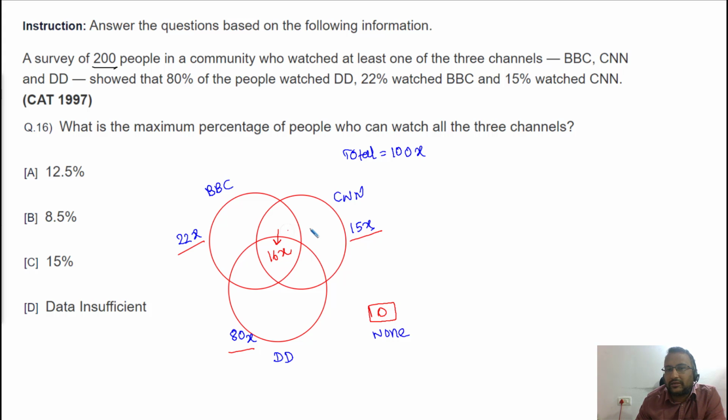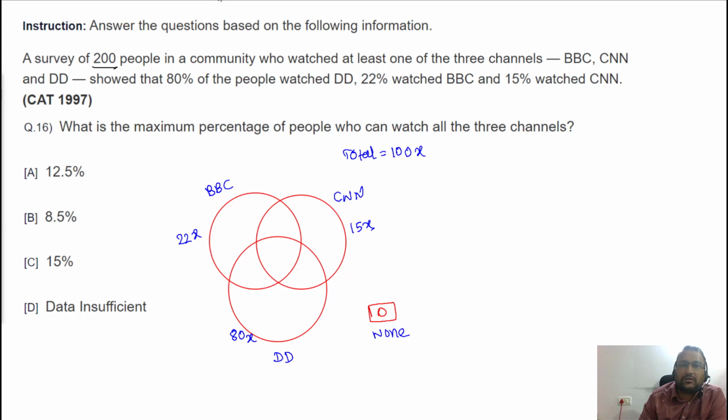No. Then one among these three numbers at least will become negative. So maximum 15x can come in this common region, that is 15%. The maximum 15% can watch all three channels. This is question number 16.